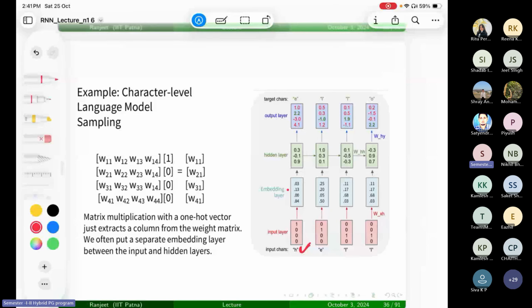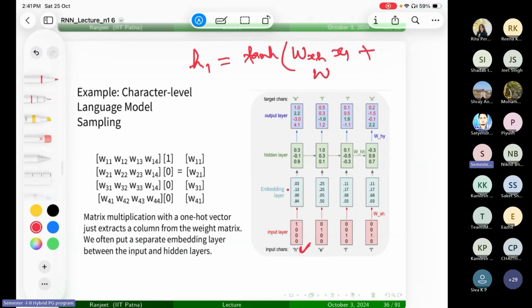Okay, so when you are finding the state, suppose you are going to find the state h1. What you are doing is applying tanh, and then you have W_xh into x1 plus W_hh into h0 plus bias.